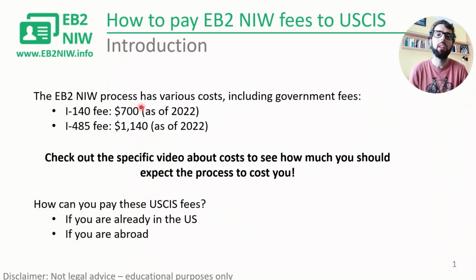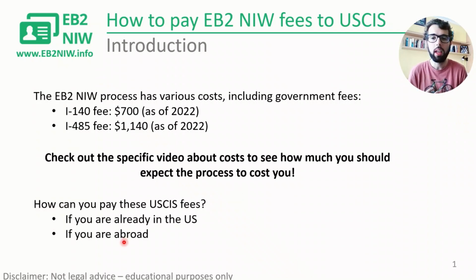How can you pay these types of USCIS fees? Well, it depends if you're already in the United States, so that's people that are on a visa, for example, a student visa or a working visa, and are adjusting their status after they get the approval for the green card.